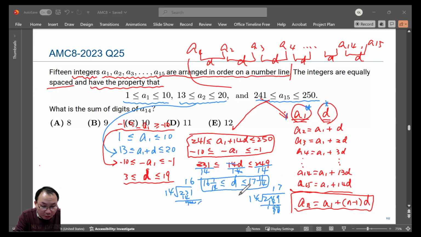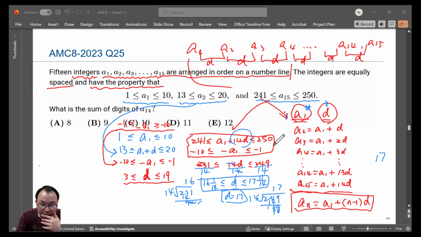So D equals 17. So you can see here, D became 17. We decided, we move back here. 14 times 17 actually got what? So we can put 17 back here.